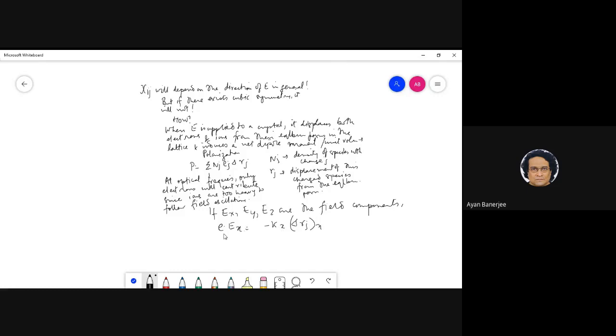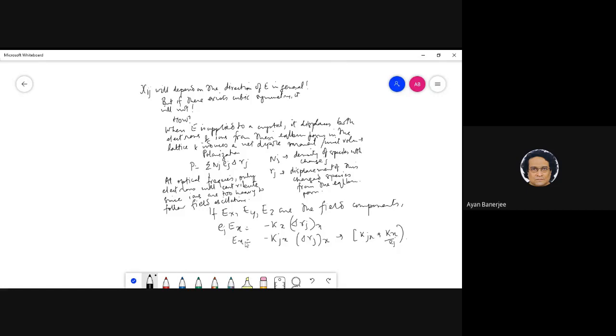So that means my Ex is essentially, now I will incorporate this e into this spring constant. Let me write this Ej, then this is easier to understand. This is some Kjx delta Rjx, where Kjx is essentially Kx by e. So I've incorporated both effects.